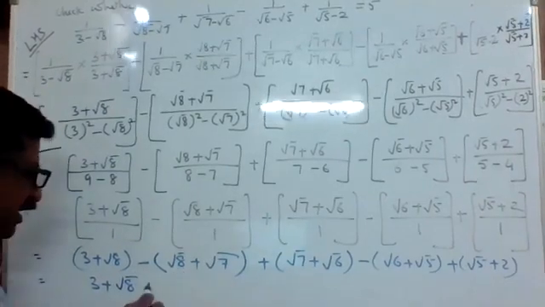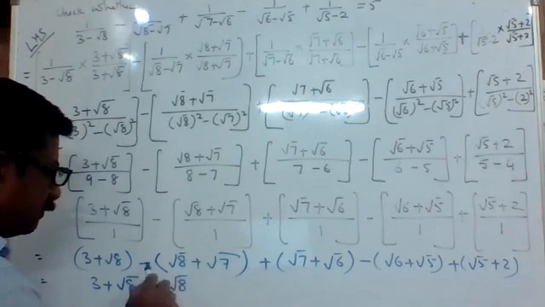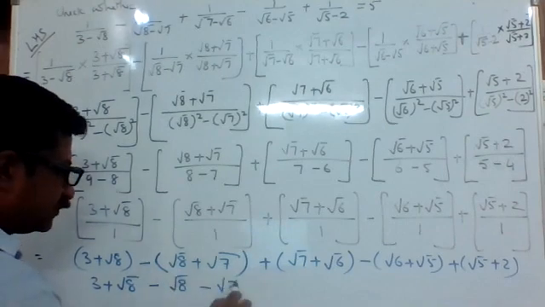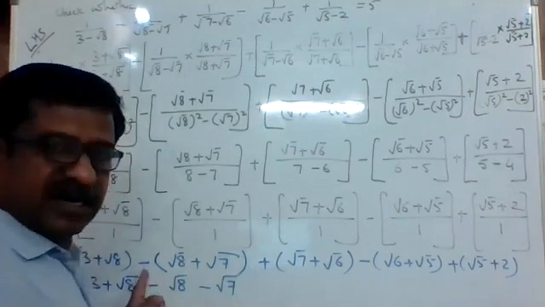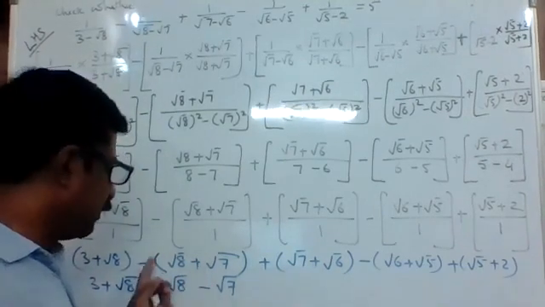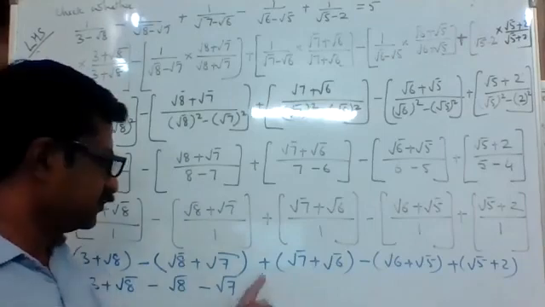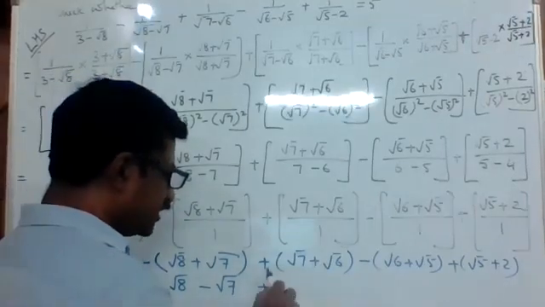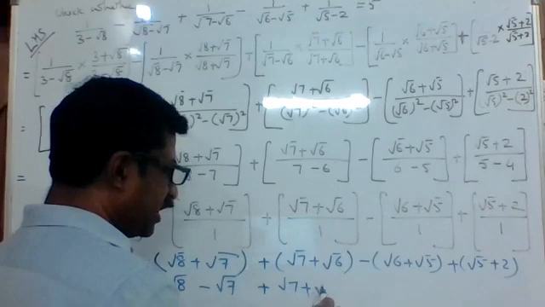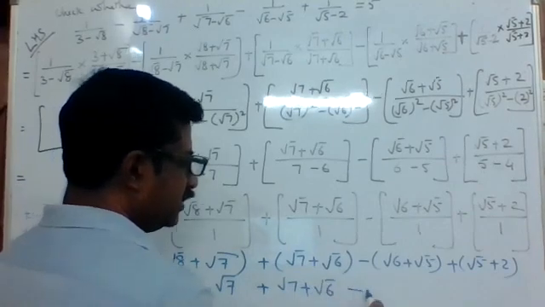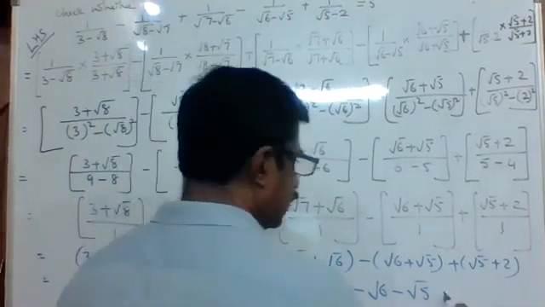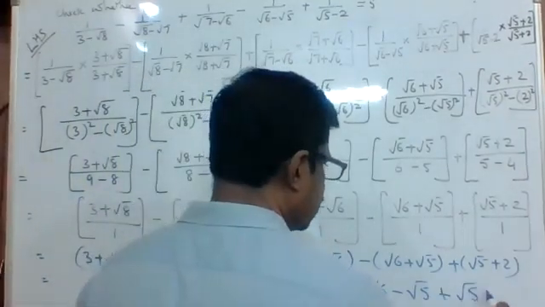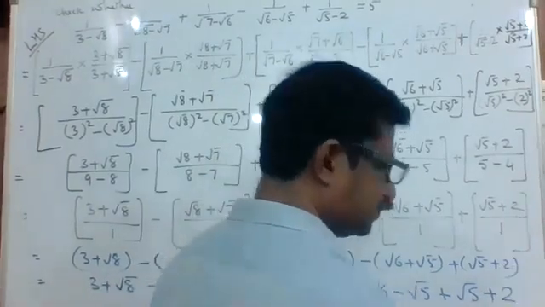Therefore, it will change as minus root 8 minus root 7. The step is clear? Because we got minus sign outside the bracket. When you multiply, the sign will change. Here the sign is not minus, this is plus. Therefore, the sign will remain as it is. Here the sign will change, root 6 minus root 5. Here the sign will remain as it is, root 5 plus 2.